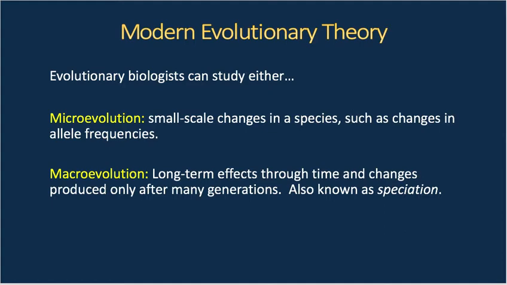So we're talking about the long-term cumulative effect of all of these smaller scale changes that you might be studying with microevolution. What we're going to be talking about here in terms of macroevolution is something called speciation. So speciation is basically how we identify species, how we observe them over time evolving, the origin of new species, all of that kind of stuff is what we're going to be covering with this section.